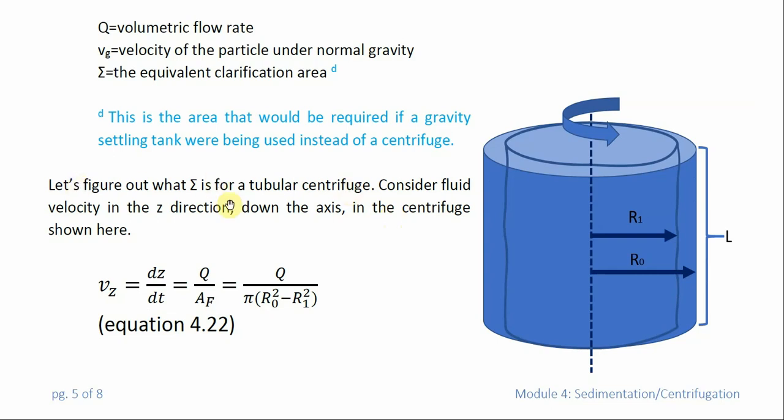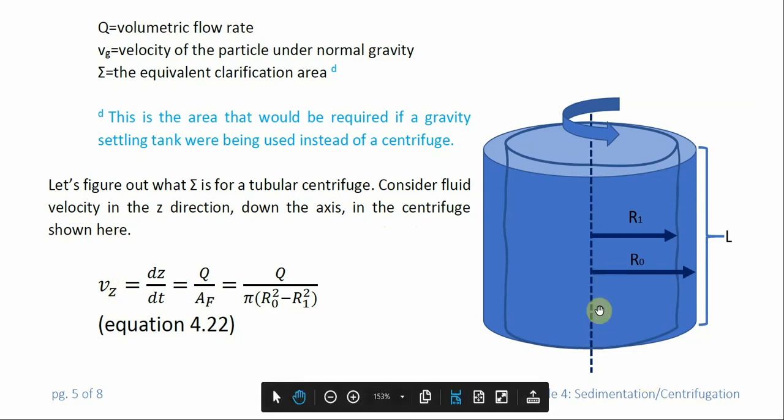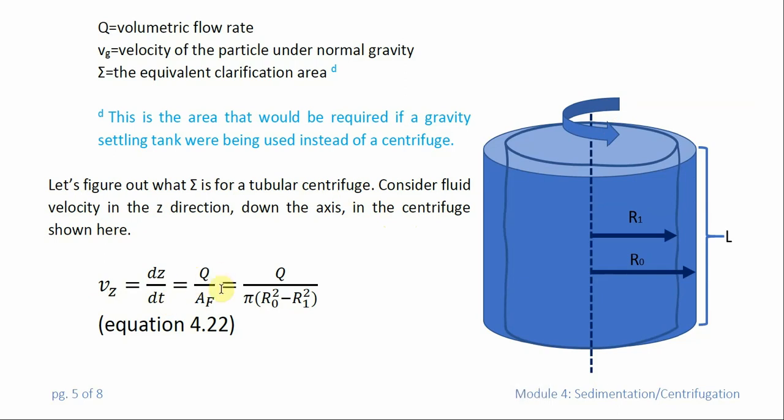So let's figure out what sigma is for a tubular centrifuge. Consider fluid velocity in the z direction down the axis in the centrifuge, shown here. So we're pumping stuff down the axis, and that velocity, dz/dt, equals the volumetric flow rate divided by the area of the fluid, so the cross-sectional area of the fluid in this case.